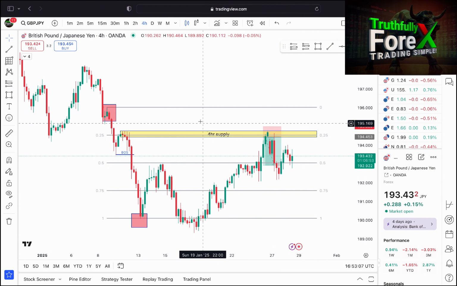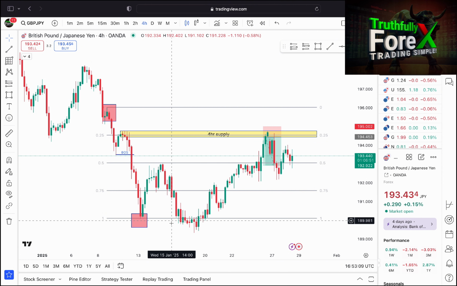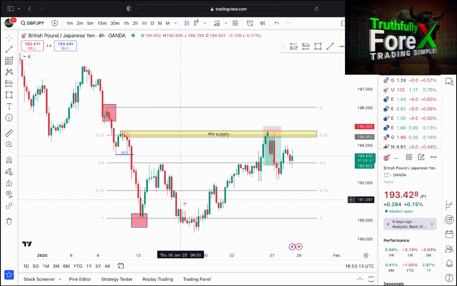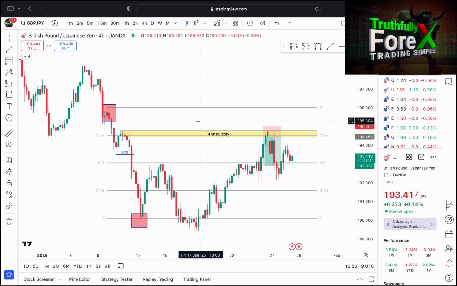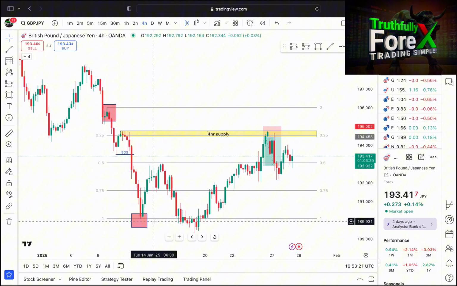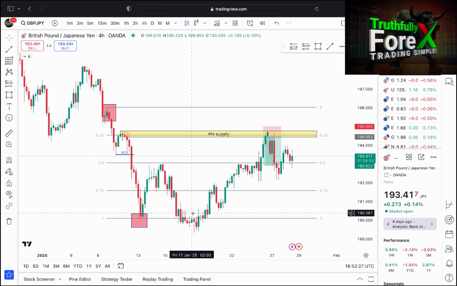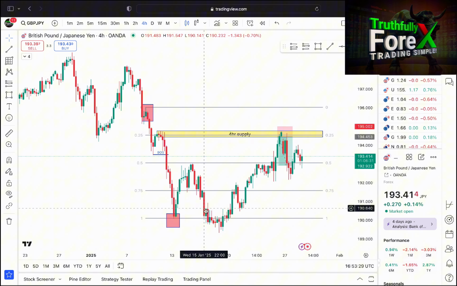This up here is the premium, and anywhere between 0.75 and 1 is the discount. So anywhere from 0 to 0.25 is an area where we're looking for shorts, and 0.75 to 1 is an area we're looking for buys.